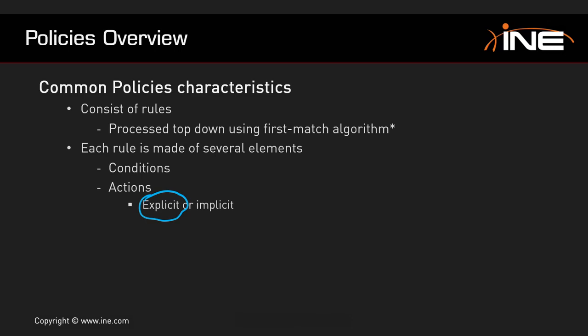But there is also a concept of the implicit action. Some policies will just allow you to build some conditions, but there's going to be no action available for selection because the policy is meant to do just one thing. So it will implicitly do something with the traffic that matches the rule.